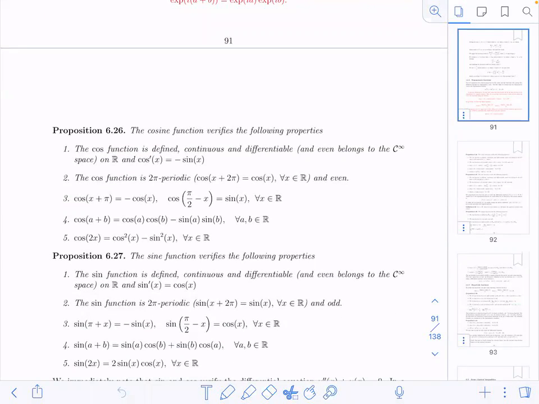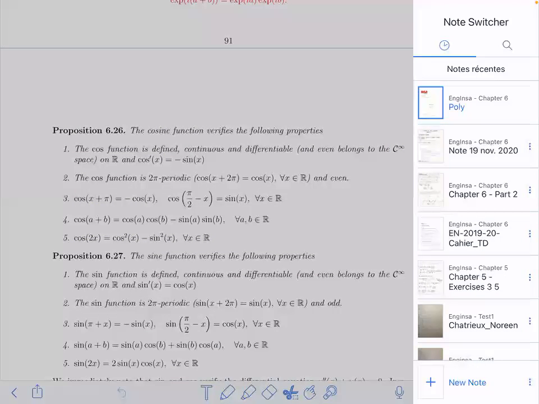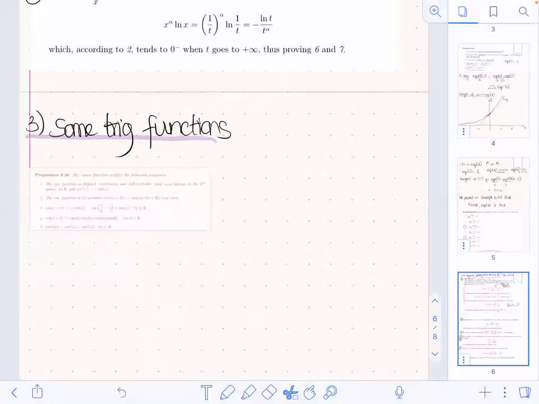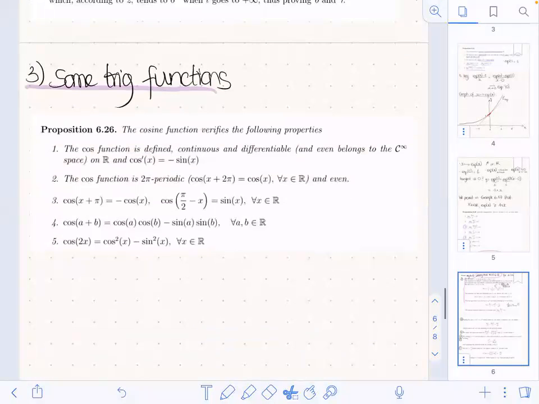So let's first review the cosine function, which you've seen probably many times before. The cosine function verifies the following properties. The first thing is that it's defined, continuous and differentiable on R, and it's even C infinite on R. You know that its derivative is minus sine, and equally that the derivative of sine is cosine.